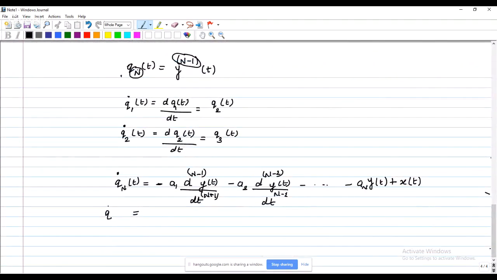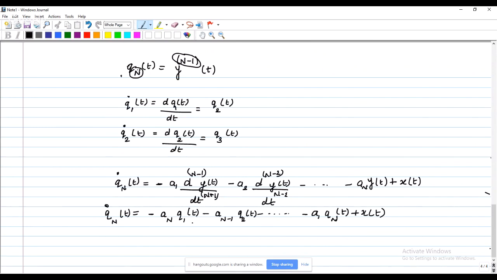Therefore, q dot of n t will be equal to, let us write in the increasing order, minus an q1 of t, because y of t we have written as q1 of t, minus an minus 1 q2 of t minus, and so on and so forth, minus a1 qn of t plus x of t.